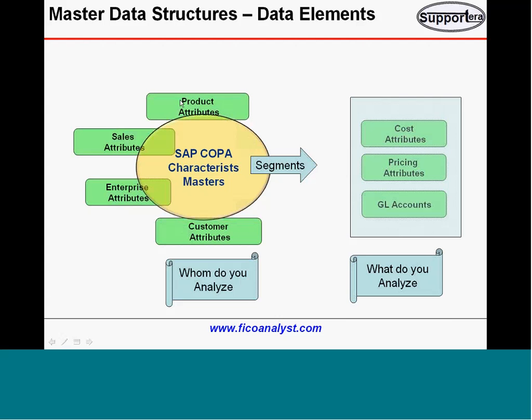Products means whatever types of products you produce, product groups and product hierarchies that you analyze. Sales attributes are sales organization, division, and distribution channel. All these form the COPA characteristics.